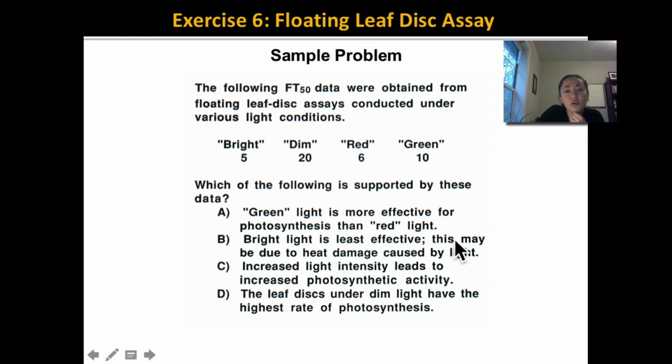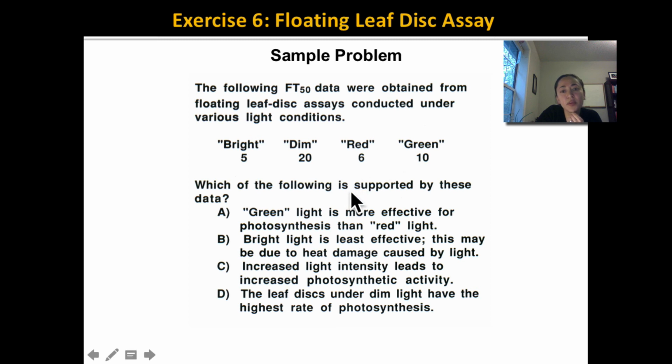So without reading the question, if we just look at the data here, we can see that under dim light, it took a long time for the disc to rise. Under bright light, that was the quickest. So the photosynthesis was happening the fastest here because it only took maybe, if this was in minutes, 5 minutes for the disc to rise here.